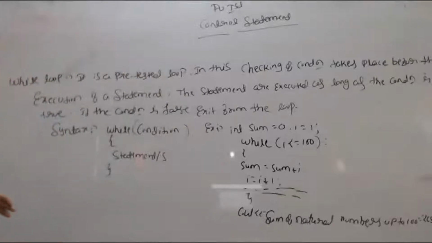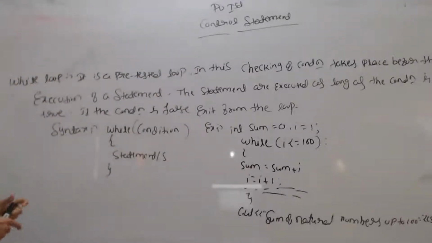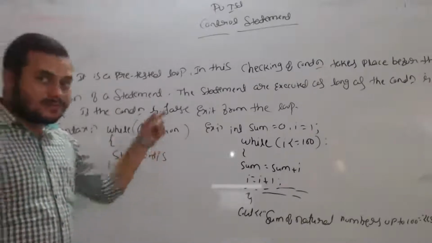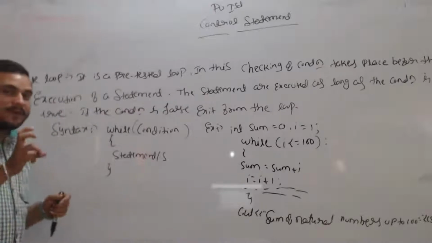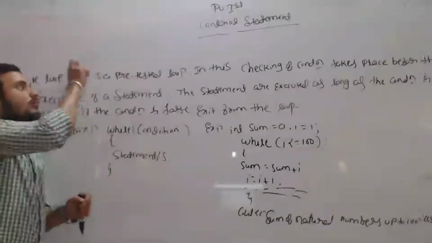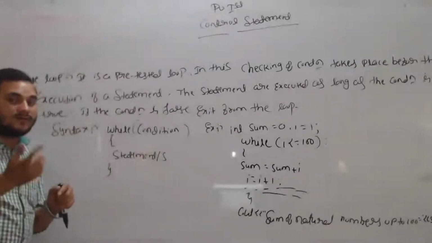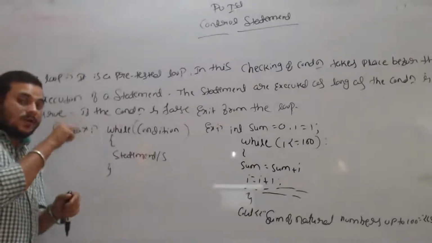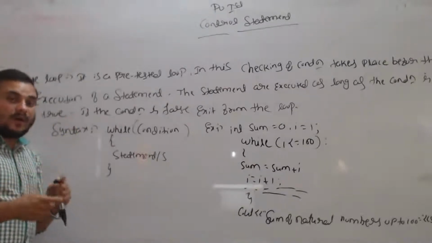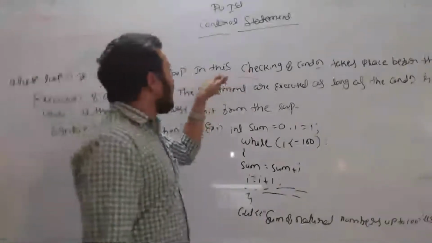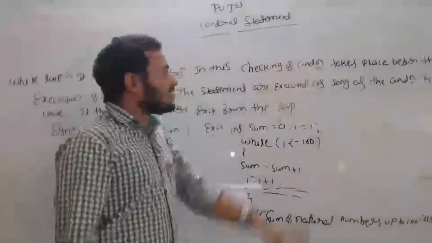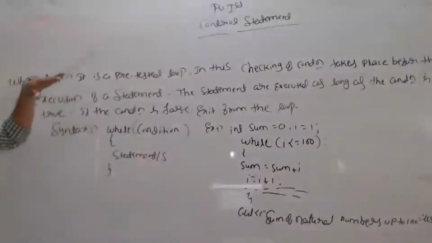That means before coming to the loop, it is tested already. Before entering the loop we test whether the condition is true or false. The condition check takes place before the execution of a statement.